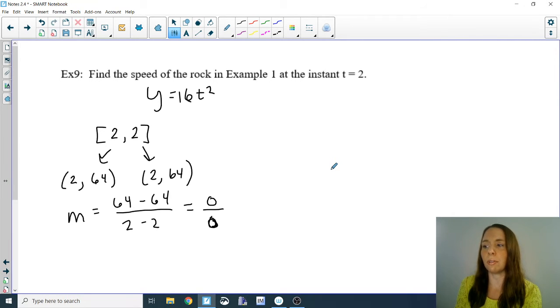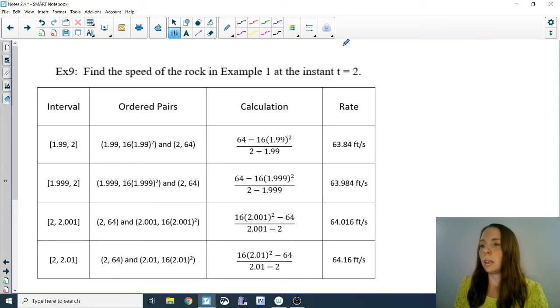Clearly, we can't go from (2, 64) to (2, 64) because we get 0 over 0. But here's something we could do, and I hope this looks familiar if you were with me for section 2.1.